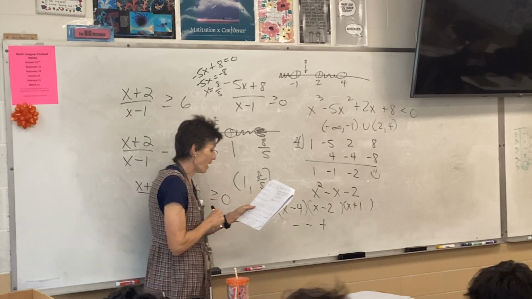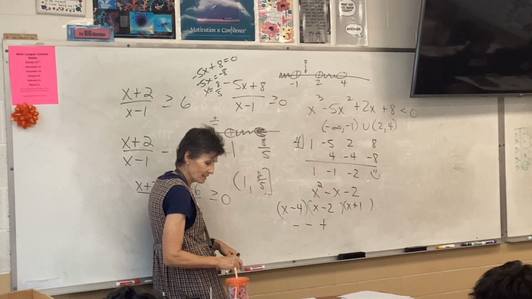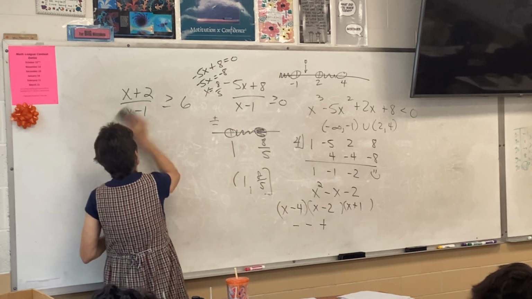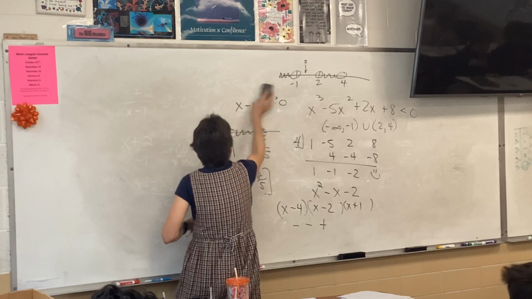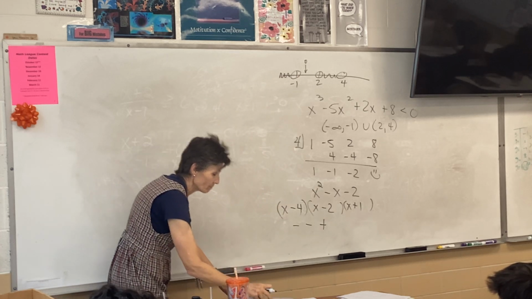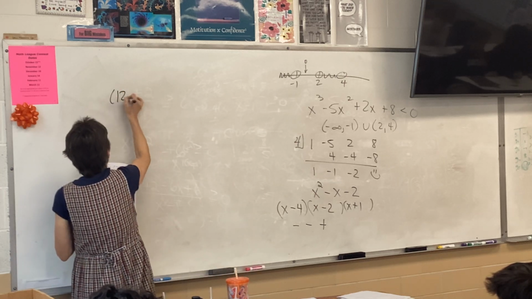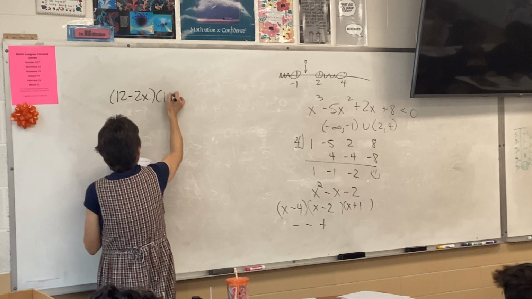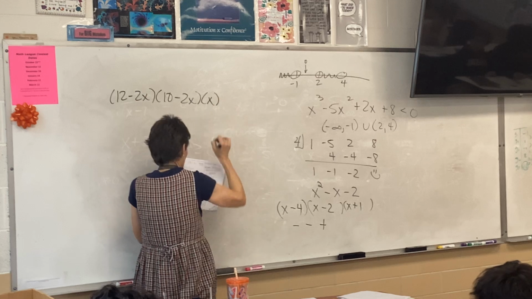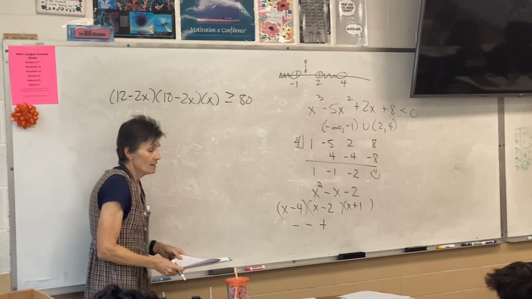We're going to create a box. The paper is 10 by 12, volume has to be at least 80, find the size of the cutouts. Okay, what's my equation? 12 minus 2x, 10 minus 2x, x, greater than or equal to 80.